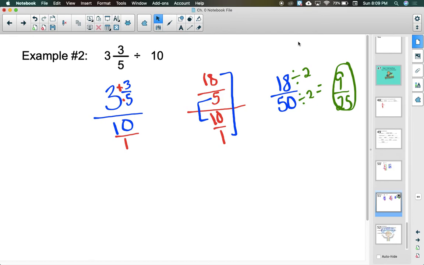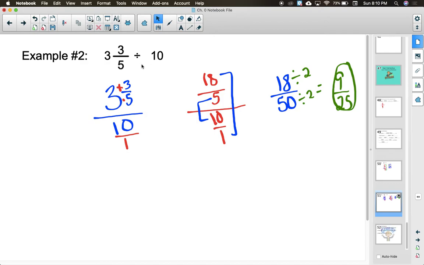I love this method. I'm a big fan because it is so unique and it's quick, and we just take our outers and our inners and multiply and set them up correctly, and we're good to go. Now I'll tell you one thing, the biggest mistakes that I see students make when it comes to solving division problems with the complex fraction: sometimes I see students put the numbers in the wrong places.